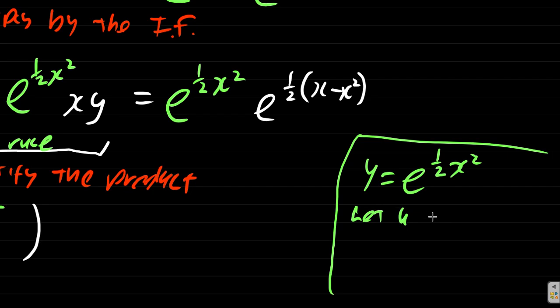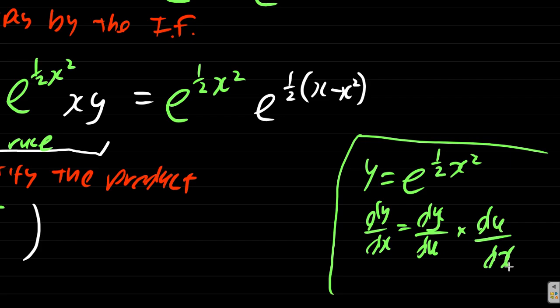We're going to use the chain rule. And by the way, remember the chain rule: dy by dx is equal to dy by du, that's one link in the chain, times the second link in the chain, du by dx.